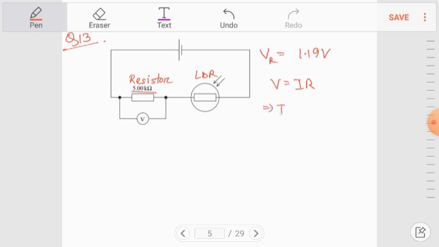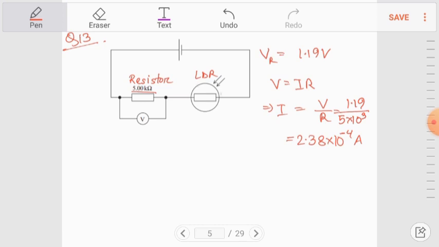We can calculate I by rearranging the equation as V over R. The value for V was 1.19 over 5,000, 5 into 10 to the power 3, and if you calculate it, it gives a value of 2.38 into 10 to the power negative 4 ampere. This is the value for the current inside the resistor when the switch was off.